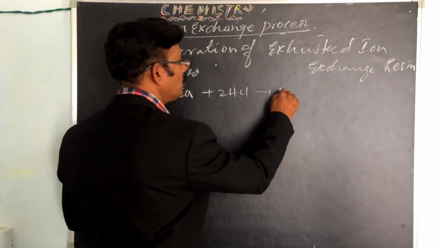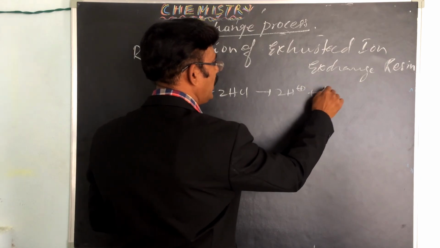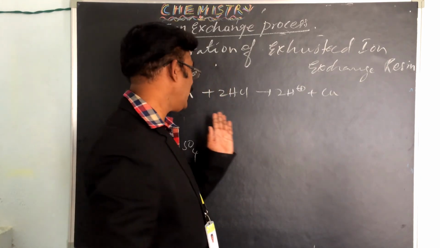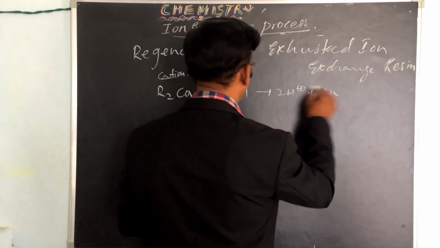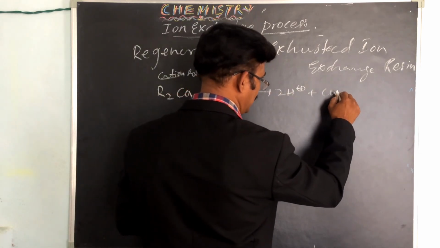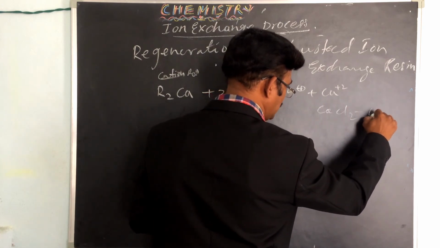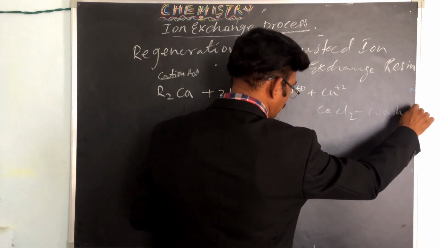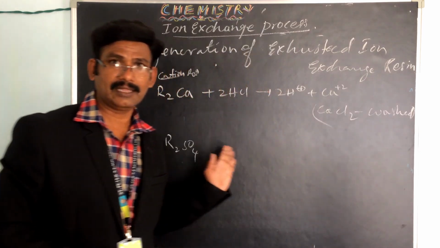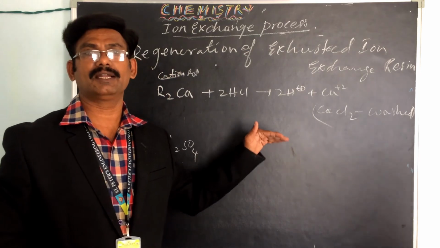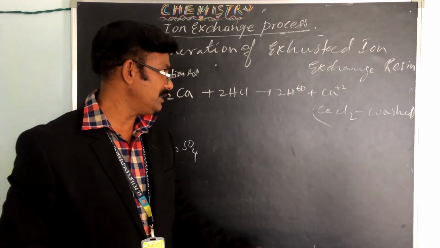Then what will form? 2H plus and Ca2 plus, meaning calcium chloride. This is Cl minus and Ca2 plus, calcium chloride washed out. In the diagram, calcium chloride goes down when we are passing fresh water.